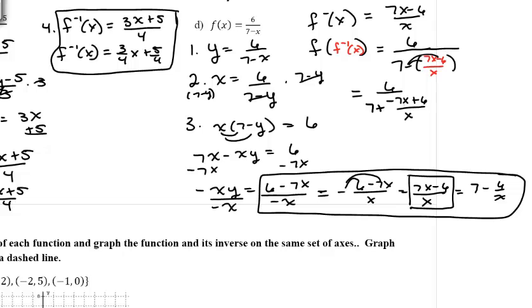So we need to simplify this. I need to get rid of this little fraction here, and the way that I would get rid of this little fraction is to multiply by x. But whatever you do to your denominator, you have to do to the numerator. So I'm going to multiply this whole denominator by x, and also multiply my numerator by x. So I have to distribute this x, so I have to multiply it to this fraction, and I have to multiply it to this 7. So I have 6x on the top, and then on the bottom I have 7x. And these x's then will cancel when I multiply it to this term.